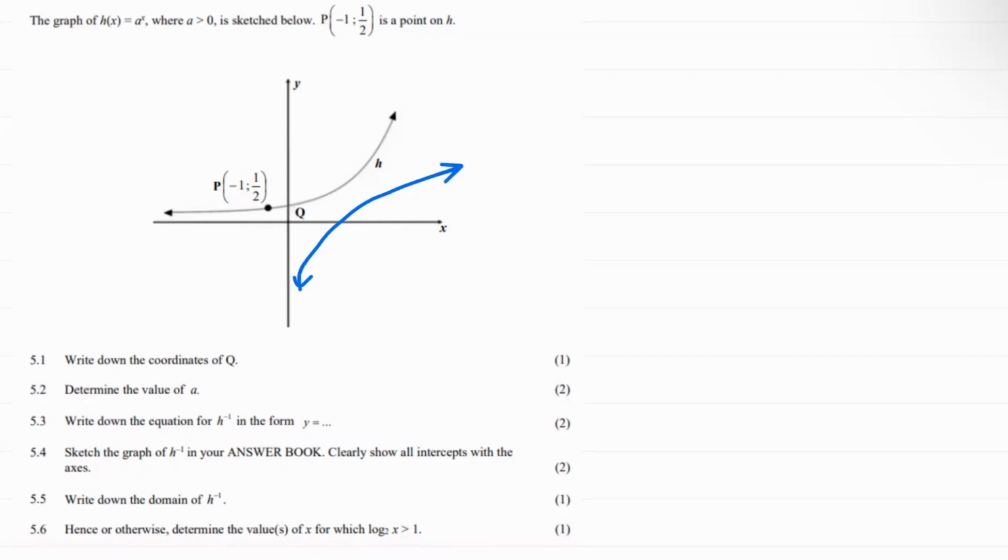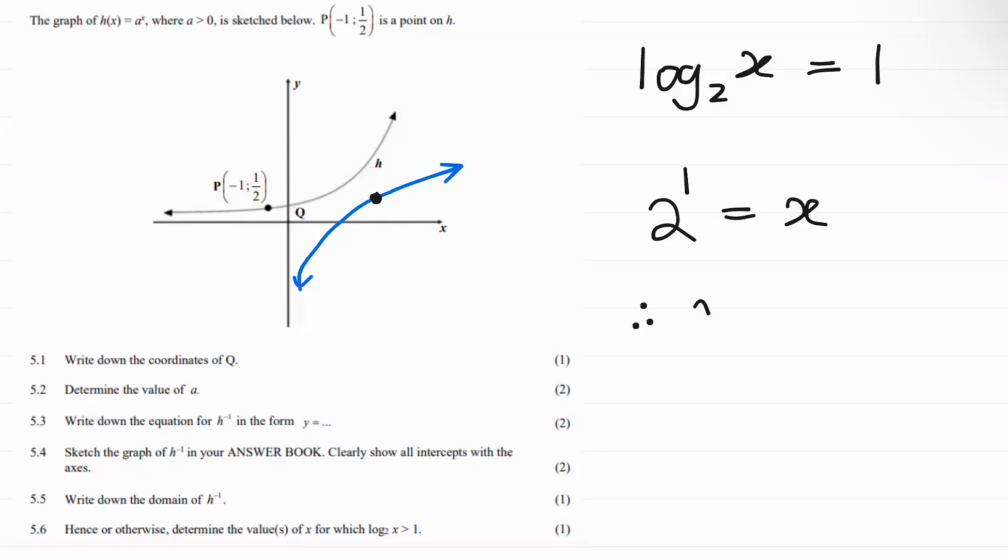First I want to find out where the log function will be equal to 1. So let's solve that. Log base 2 of x equal to 1. We're going to reverse the log by taking the base, raising it to the power of the exponent, and that's going to be equal to our argument, which is x. So, in other words, x is equal to 2 to the power of 1, which is just 2.